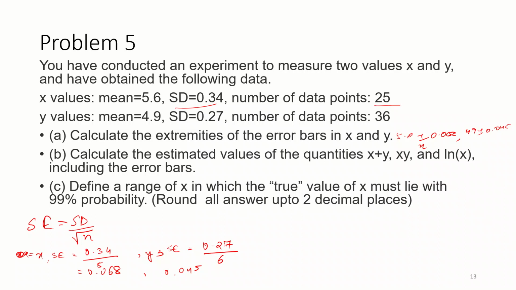So x plus y is 5.6 plus 4.9, so it comes around 10.5. And then you have to add the collective error.